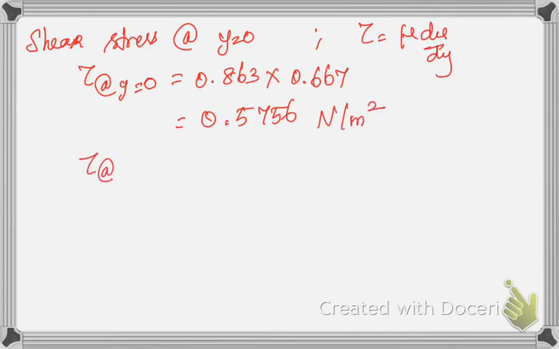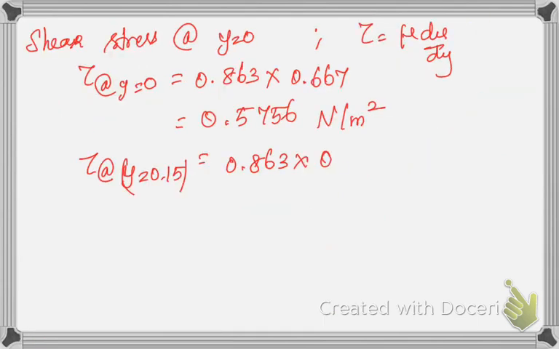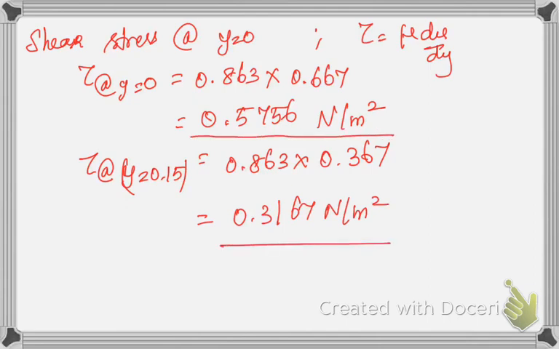And tau at y is equal to 0.15 will be equal to 0.863 into the value 0.367, which is equal to 0.3167 Newton per meter square. So these are the answers.